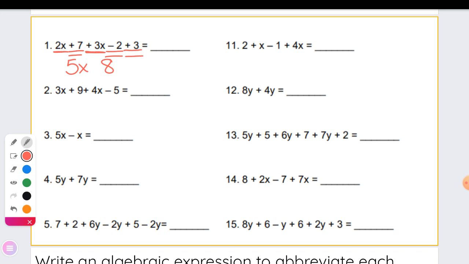So we took 7 minus 2 plus 3. What are we missing, Reese? Ethan, what are we missing? Bryce, what are we missing?